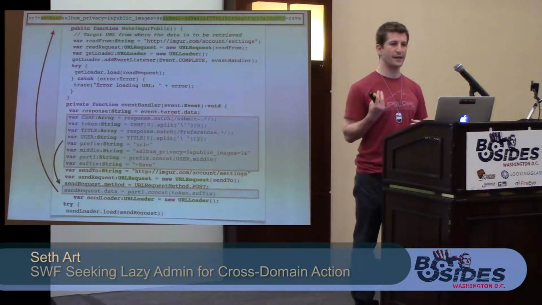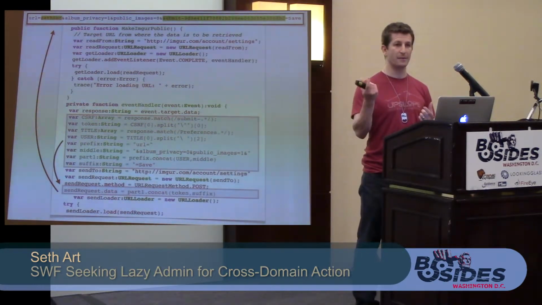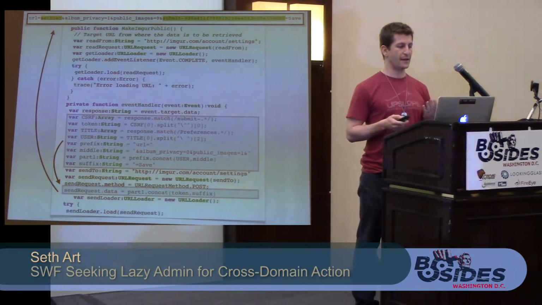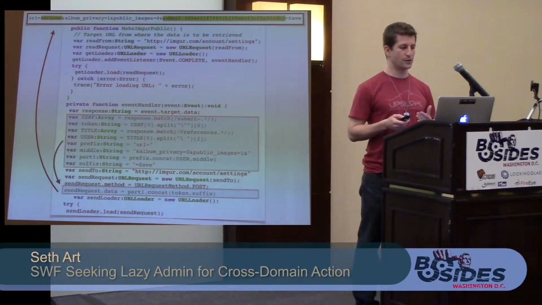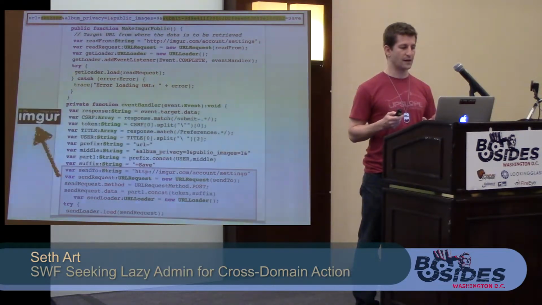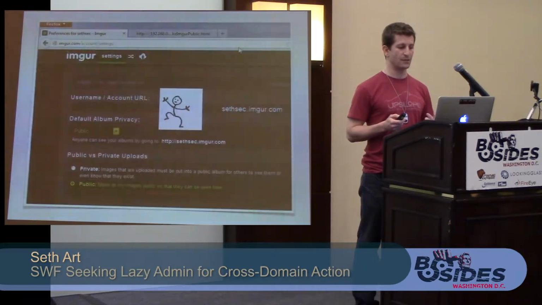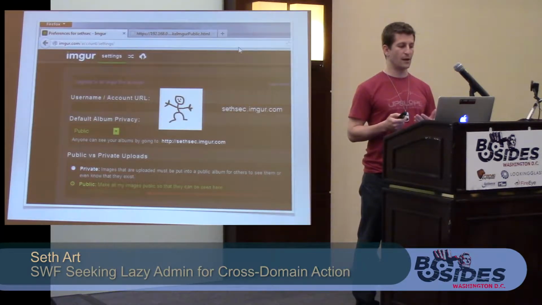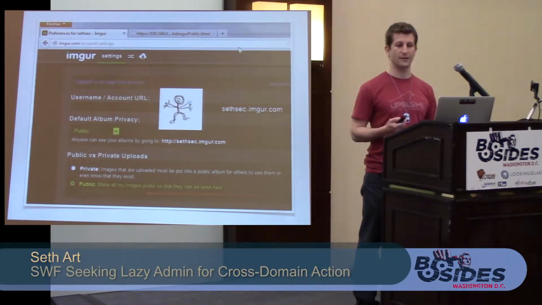Once it has all the dynamic pieces, shown in yellow, it concatenates them with the static pieces, the make-your-album-privacy-public part, up top. It creates that POST request and the victim sends it out to Imager, and now the victim has, without knowing, made all of their images public, and the attacker can now see those pictures.